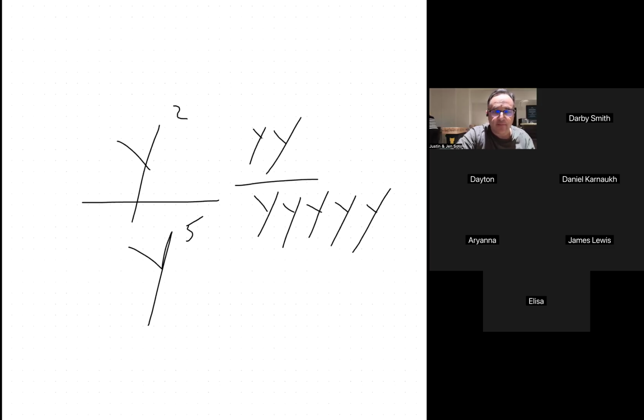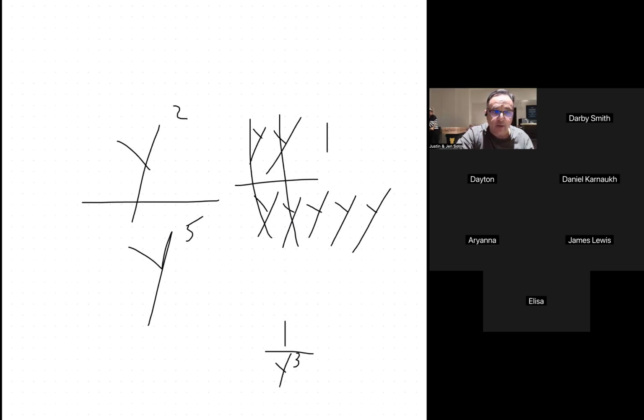These cancel out. Remember, this 1 has to stay, because anything over 1 is itself. If you have 1 in the numerator, it's got to stay. Understood, there's a 1 coefficient in front of every variable, right? That's how we get that 1. Now we have 1 over y to the 3rd.